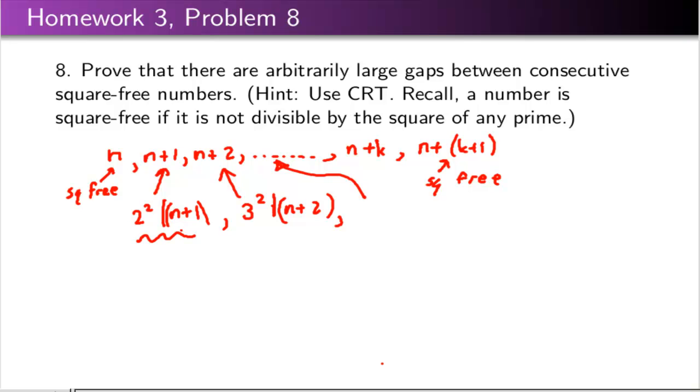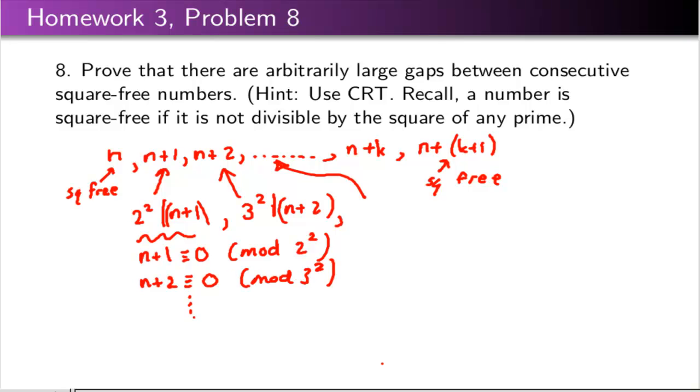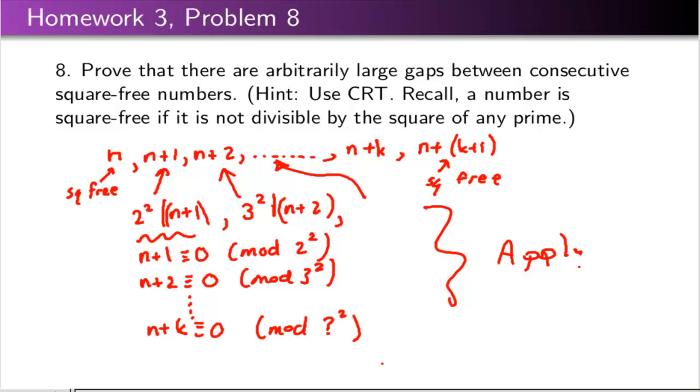So n plus 1 should be congruent to 0 mod 2 squared. And the second one should be n plus 2 is congruent to 0 mod 3 squared. And keep going like that. And then apply CRT. I think I've given you enough of a hint on that one.